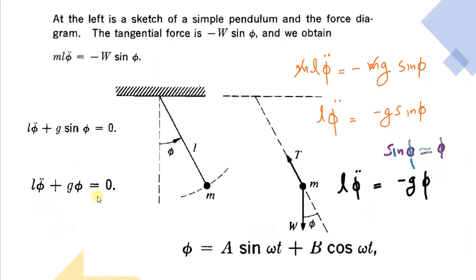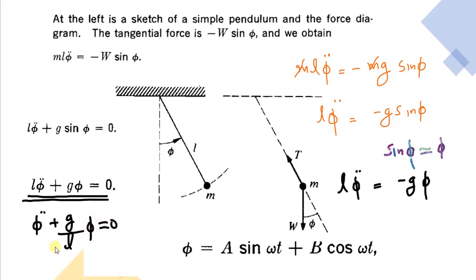We can take minus g phi to the left hand side. We will get L phi double dot plus g phi equal to 0. Or dividing by L, we will get phi double dot plus g by L into phi equal to 0.